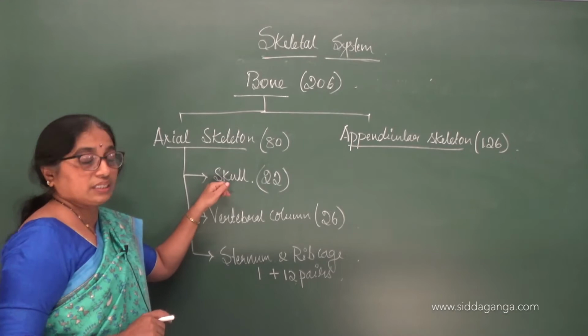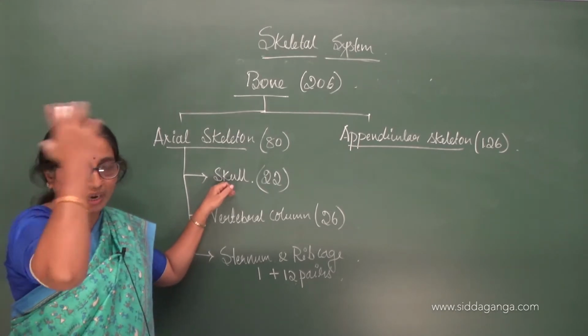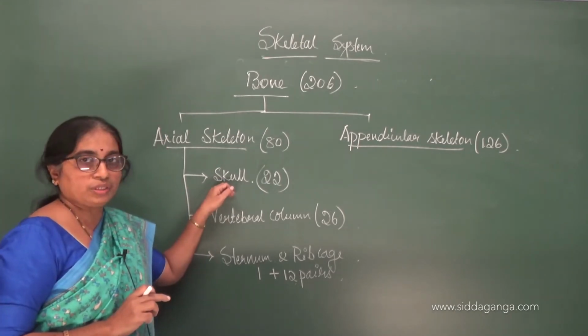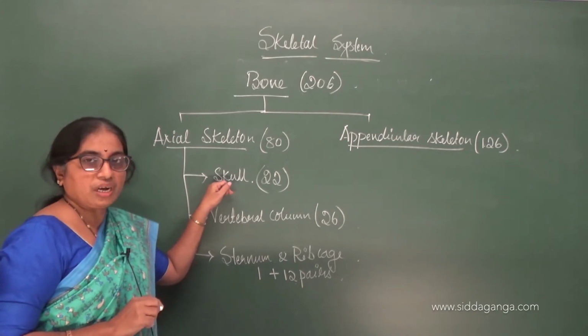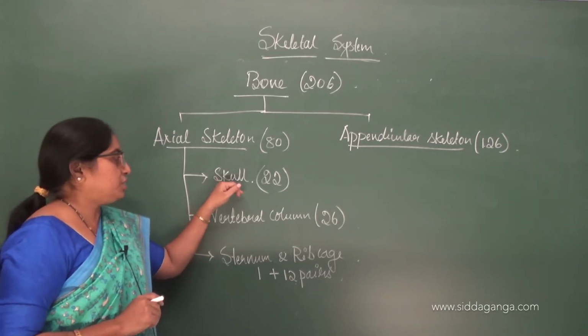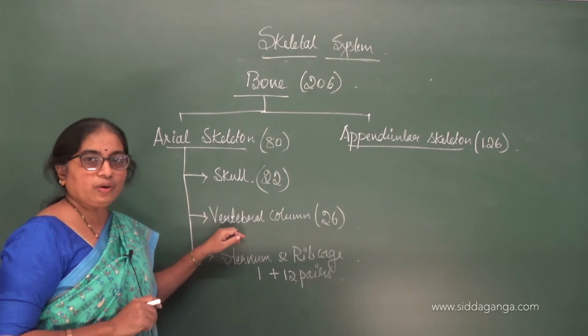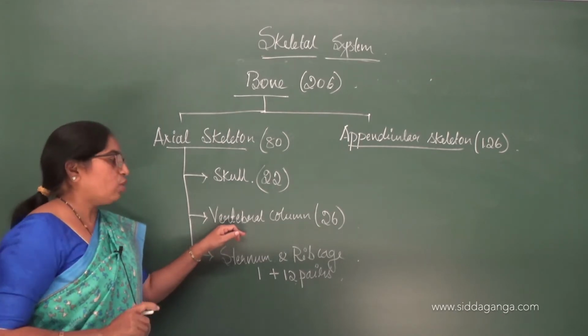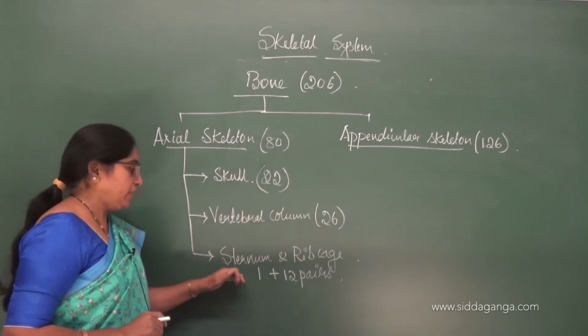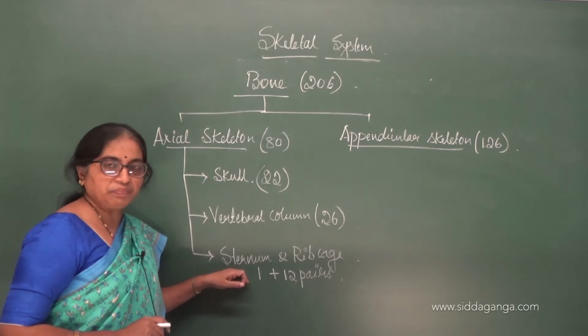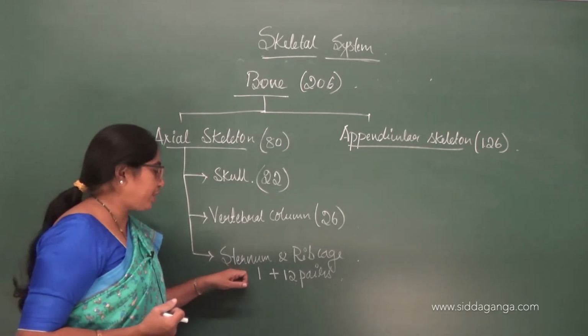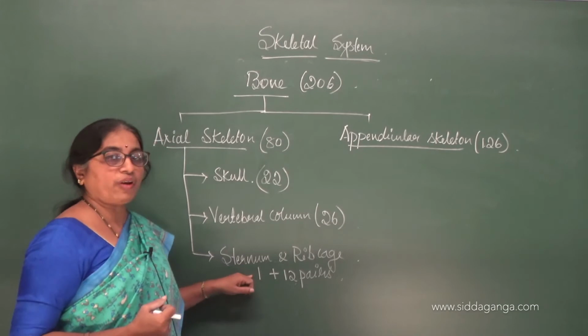The skull, which covers the brain, consists of 22 bones. The vertebral column, that is the backbone, comprises 26 bones. The sternum is the midline of the thorax, which consists of a single flat bone.